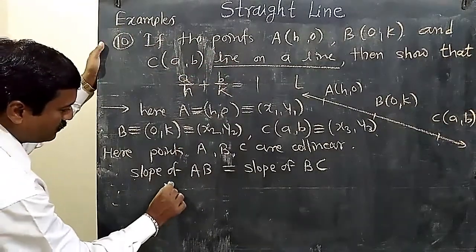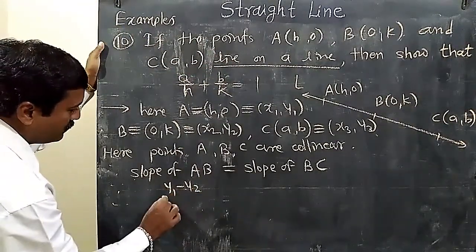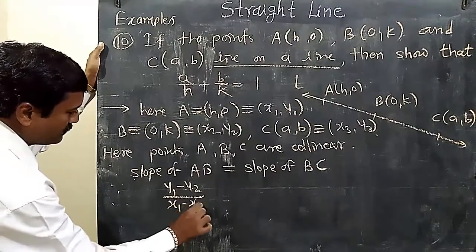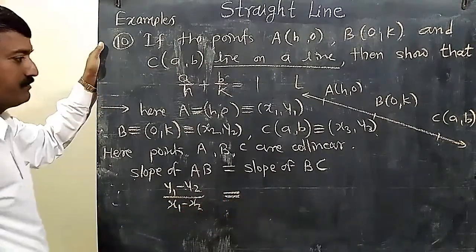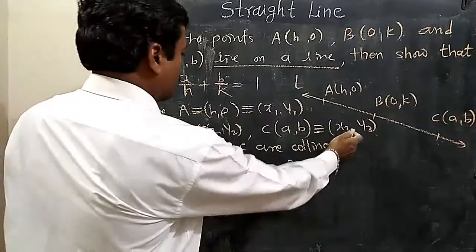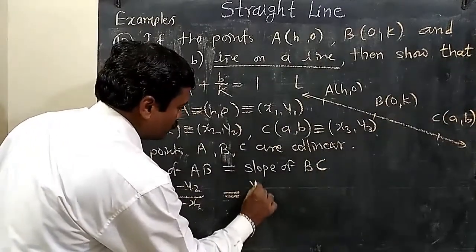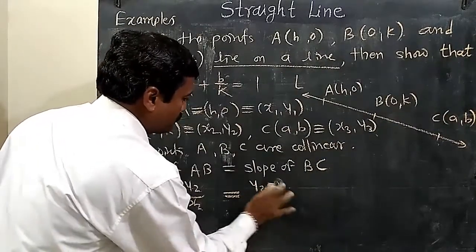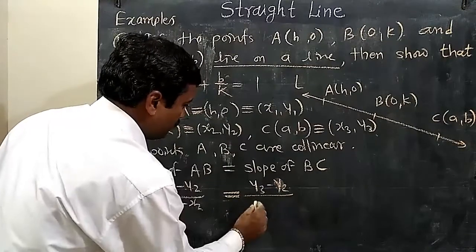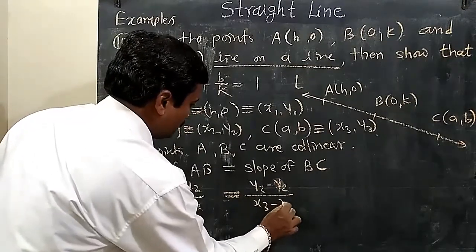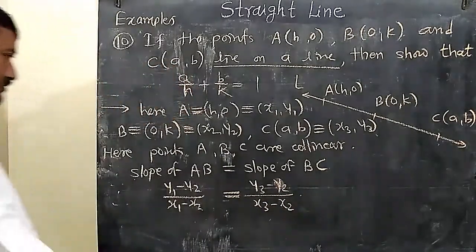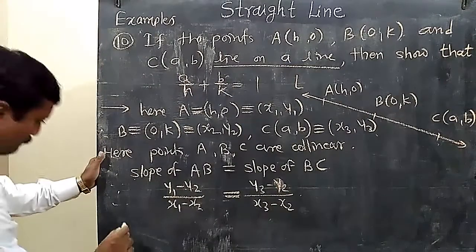Those slopes are (y1 minus y2) upon (x1 minus x2). Slope of BC, with points (x2, y2) and (x3, y3), is (y3 minus y2) upon (x3 minus x2). Let us put these values.